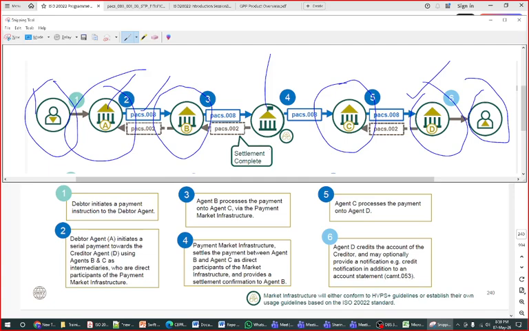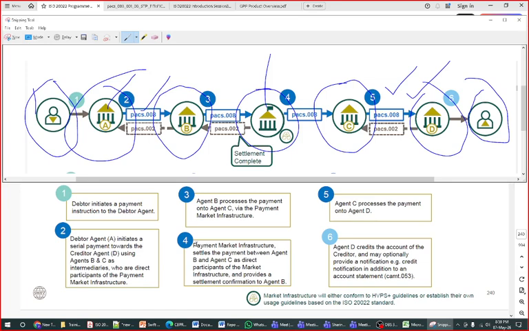B and C, in simple language. They are the direct participants in the payment market infrastructure. Then agent B processes the payment to agent C via the payment market infrastructure. Agent C, and the same Pacs8 message we are processing till the creditor agent here.